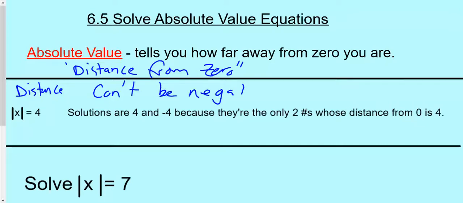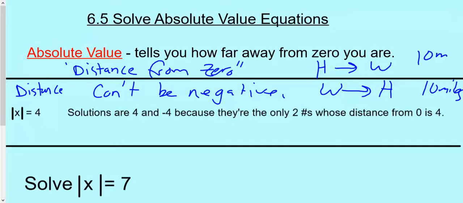For example, if I drive from work to home, it's 10 miles. When I go from home to work in the morning, it's 10 miles. And if I go from work back home, it's still 10 miles. It's not negative 10 miles.